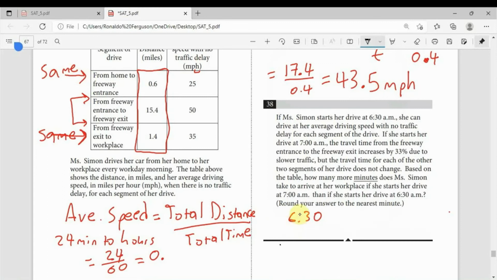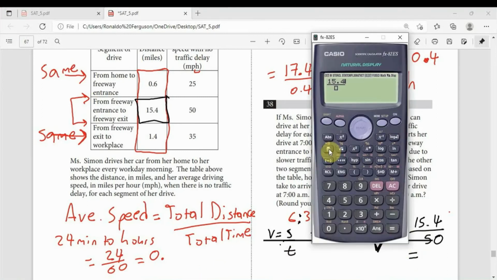Cool. So at 6:30 in the morning, remember I said that speed is equal to distance over time. If you want to find the time, if you transpose that formula, time is equal to the distance over the speed. The distance that she traveled right there is 15.4 miles, and you divide that by the speed of 50. That's 15.4 over 50.